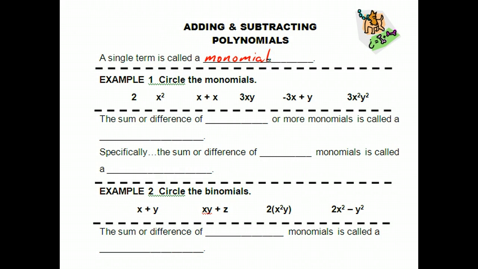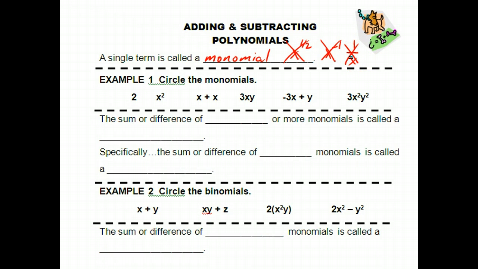Okay, and a monomial, it's better to say what a monomial isn't. A monomial never has an exponent that's a fraction, and it never has a negative exponent, and you'll never find a variable under a divided sign.